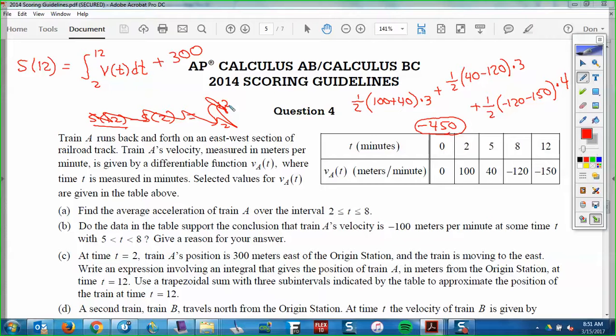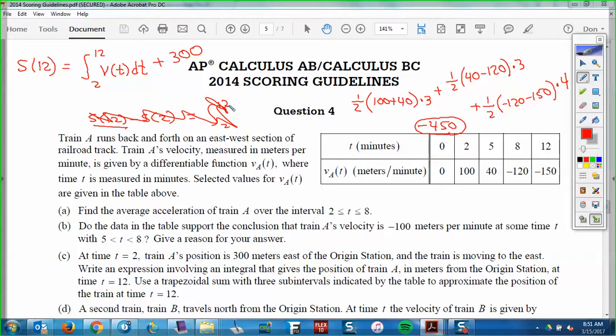So keep in mind you have to add, just like if you're pouring water into a tank. If you find the net amount of water that went into the tank from 2 to 12 hours, let's say this was a 10-hour period, pouring water into a tank at this rate, the integral would say how much water we put in. But how much water's in the tank?